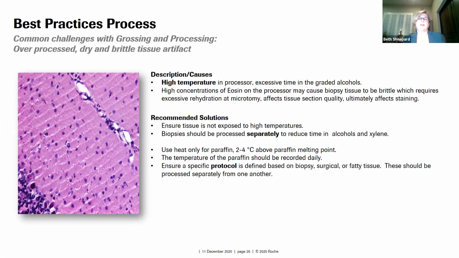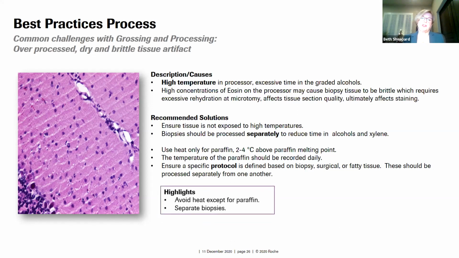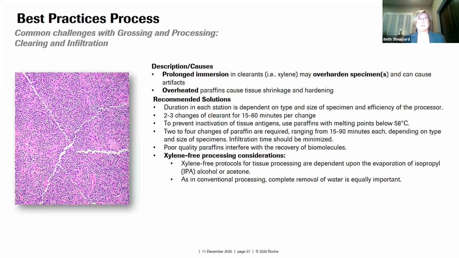So again, we want to separate out those small biopsies from the larger ones because you want reduced times in alcohols and xylene. Making sure that you have a protocol that is correct for surgical or fatty tissue, and again, separating those. So the highlights here is making sure you avoid heat except for paraffin, and making sure you have good protocols that separate out.